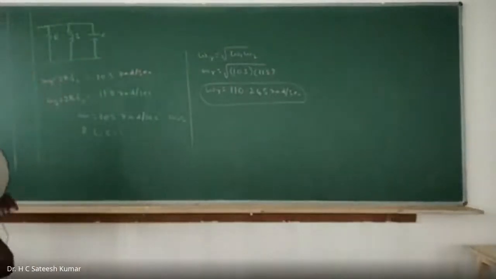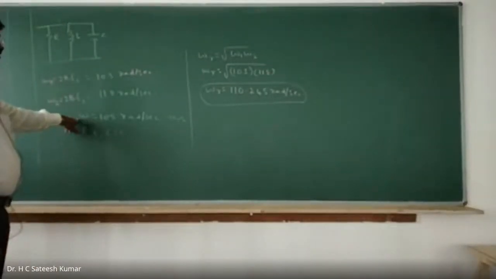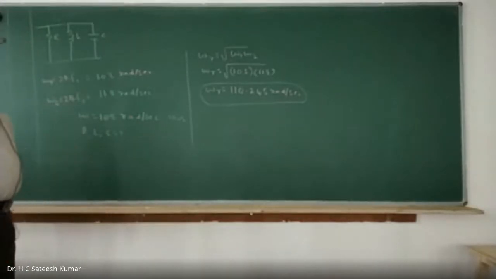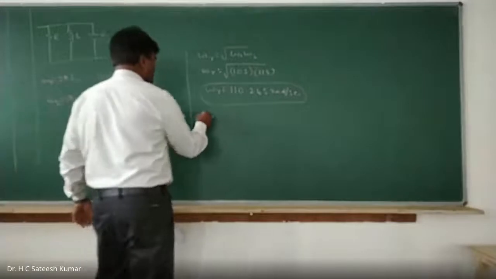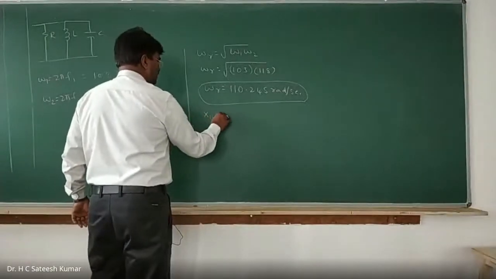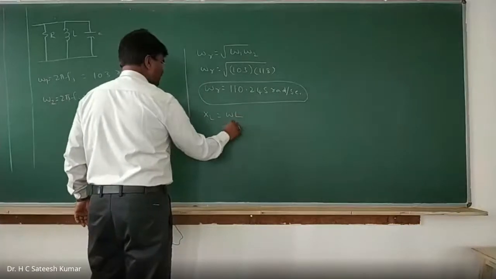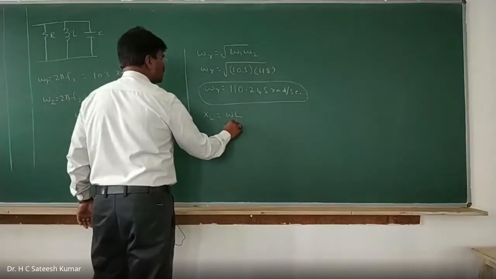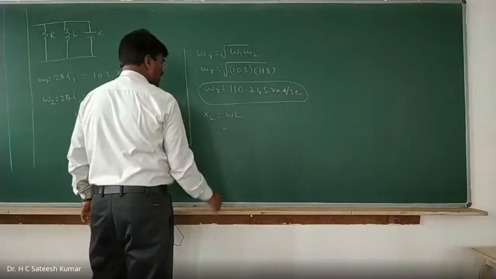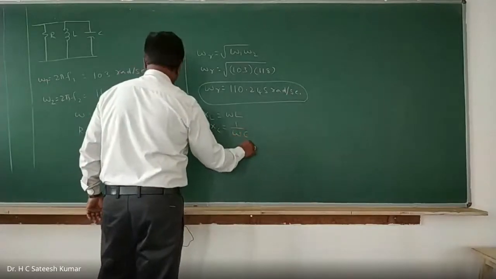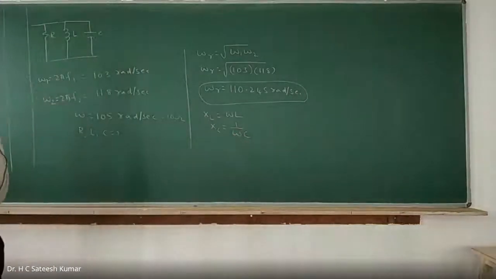Given omega is equal to 105 radians per second, we can calculate XL and XC. XL is equal to omega into L, where omega is given as 105, and XC is equal to 1 by omega C. So these two we know, and if omega is given, we can calculate these things.